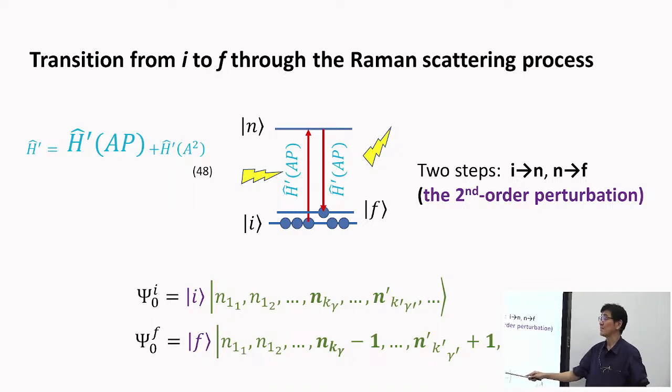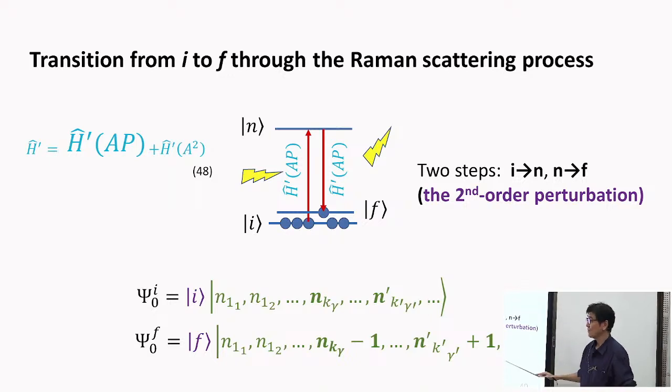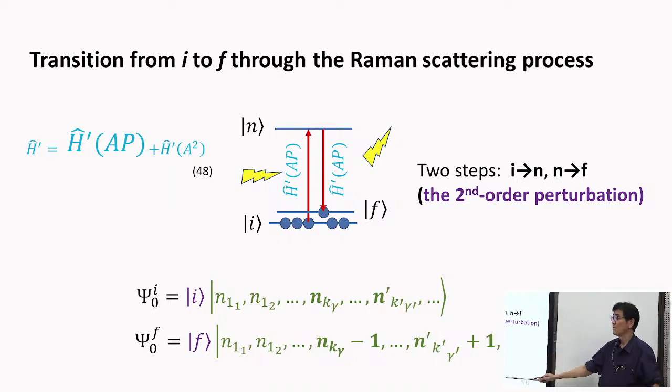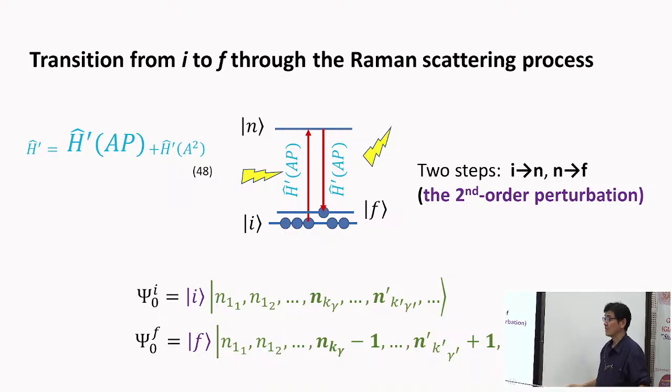For the initial state, the wave function is expressed as a product of the wave function of the molecule, I, and the state of the radiation, given by listing the number of photons. And the final state is here.